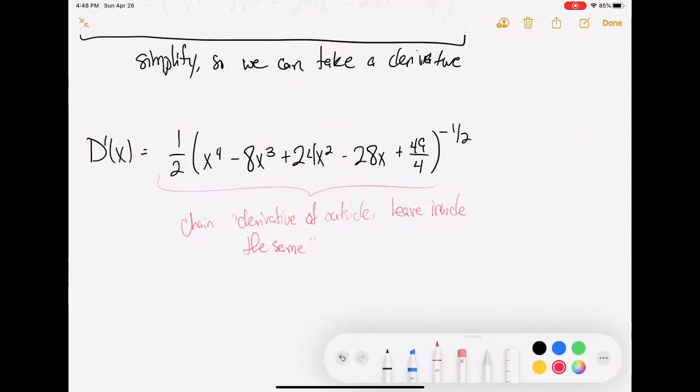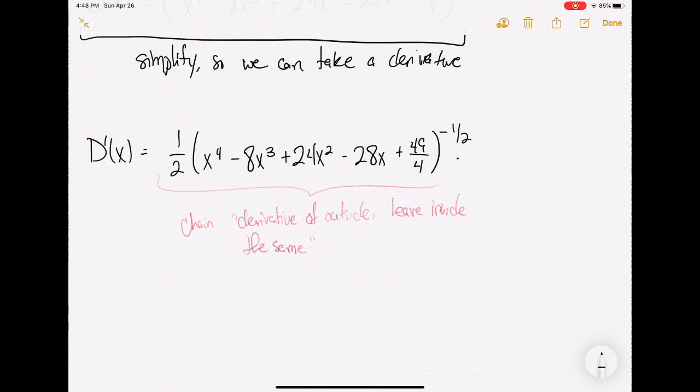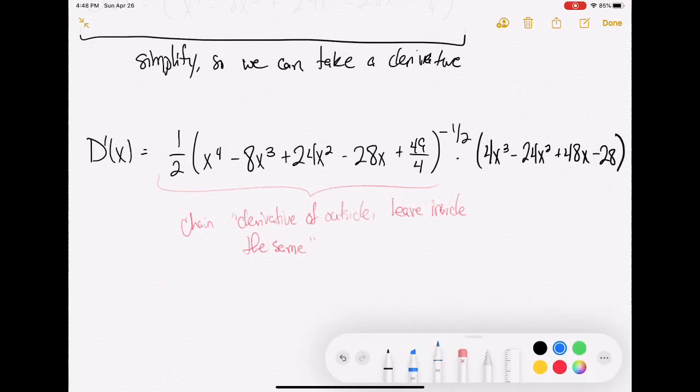And then we have a multiply by the derivative of the inside part. So the derivative of the inside is 4x cubed minus 24x squared plus 48x minus 28. Here's the multiply by the derivative of the inside part.